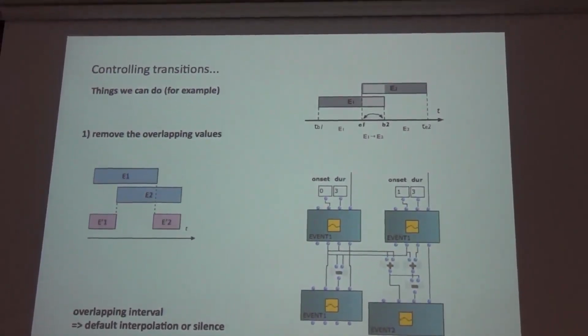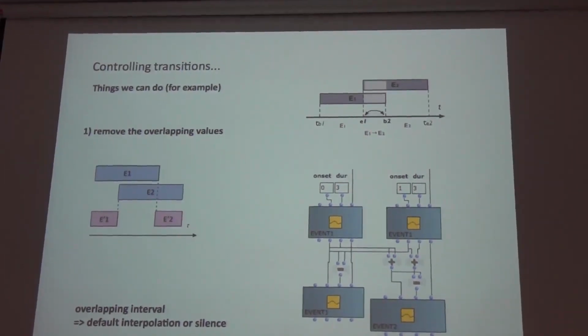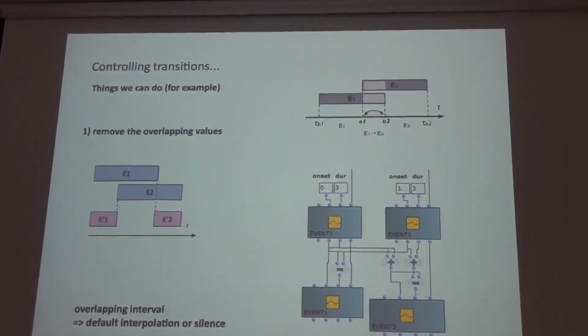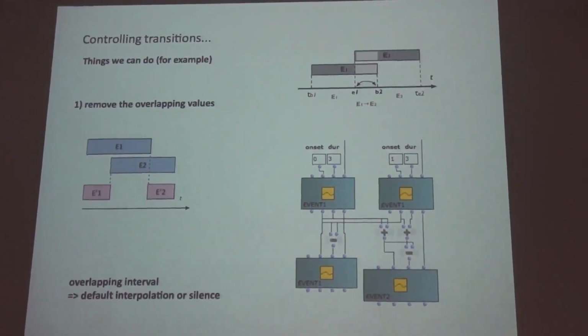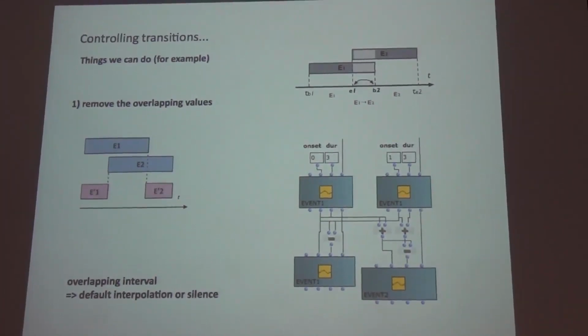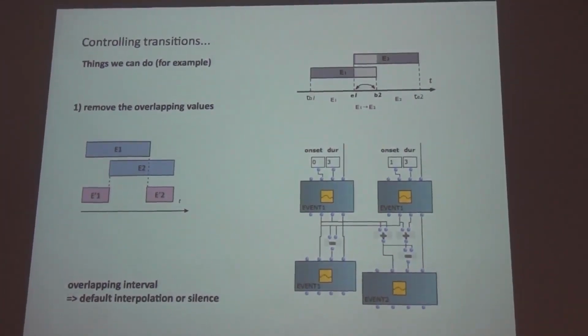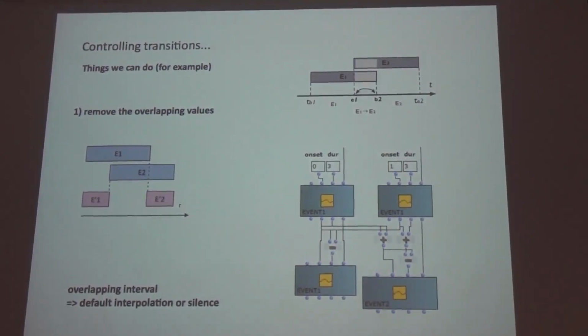We consider a sequence of events, and another function, a program in OpenMusic that we will devise and determine in order to deal with the problem of 2 events overlapping.